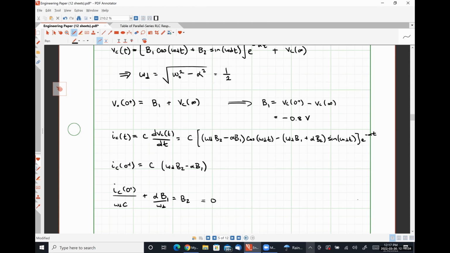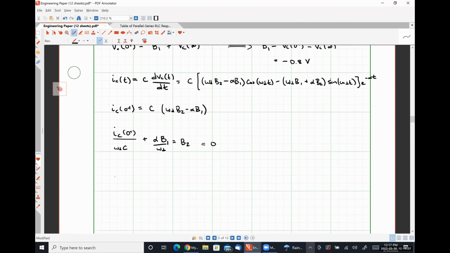From this, VC of t is negative 0.8 cosine of 1/2 t, e to the minus 1/2 t, plus 4. Literally just plugging in our values for B1, B2, and VC at infinity into our response equation.